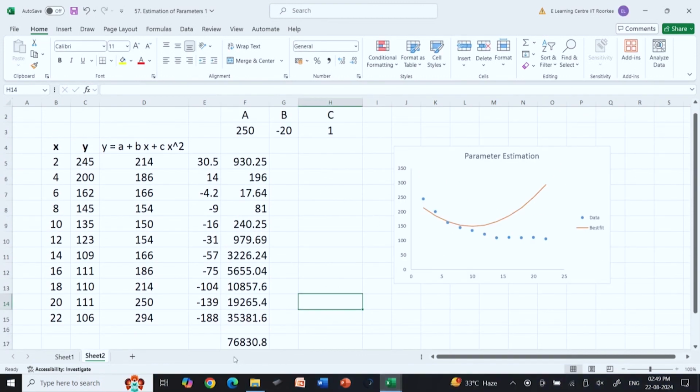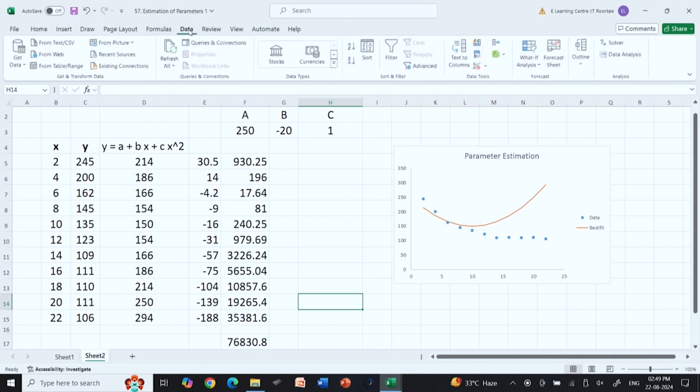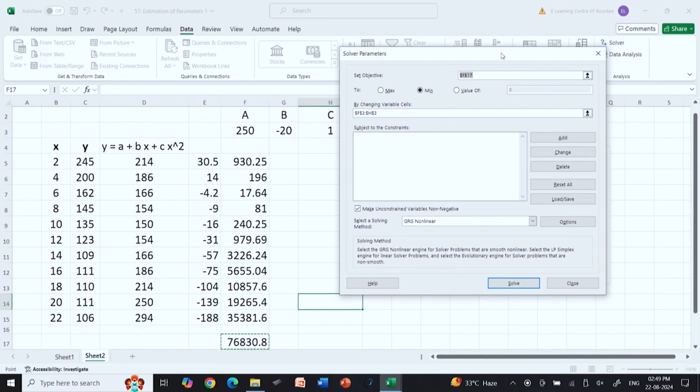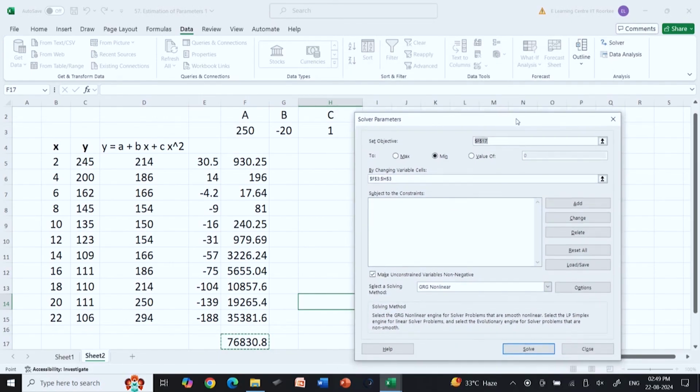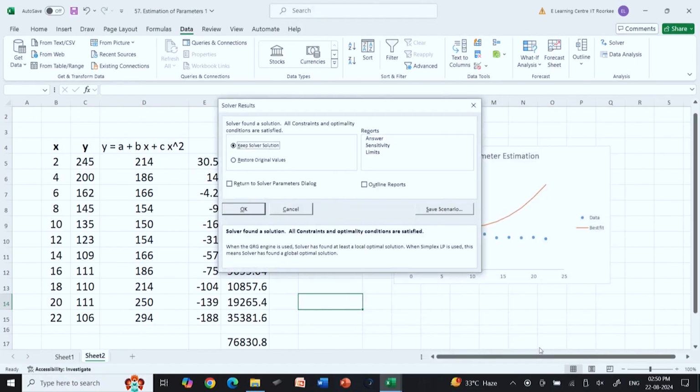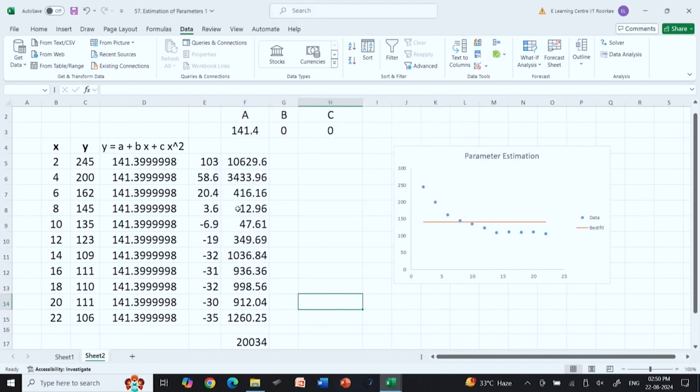We now have to minimize this sum of the residual squares, for which we use solver. So, I click this solver and this window opens here. We have to minimize this sum by changing the variables A, B and C. We keep this the same and just click solve and OK.